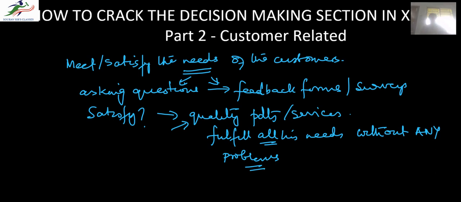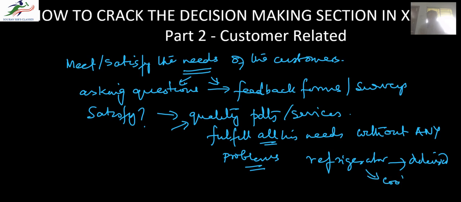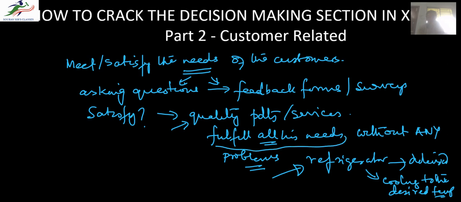Now, what does that mean? Let's say you go to a shop and you buy a refrigerator and it gets delivered the next day. Then you find that the refrigerator is absolutely fine, but it is not cooling to the desired limit or desired temperature. That means he has given you a product which is fulfilling your needs, but it has a problem.